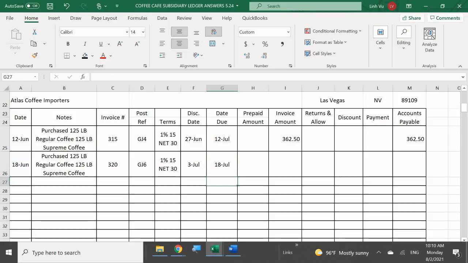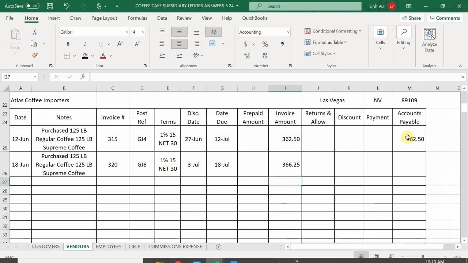July 18. And what was my total amount invoiced for? $366.25.